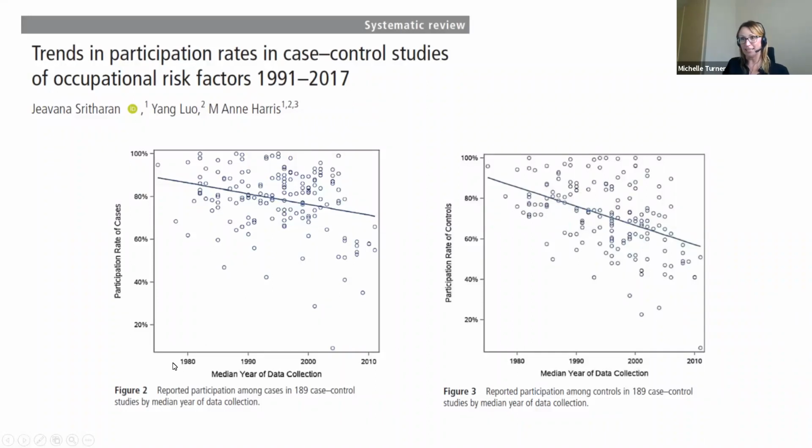Here you can see the median year that the data collection was performed, the participation rate of cases, and the participation rate of controls. This is analysis of data from 189 occupational case control studies. You can see that participation rates seem to be declining, both for cases and even more so for controls.